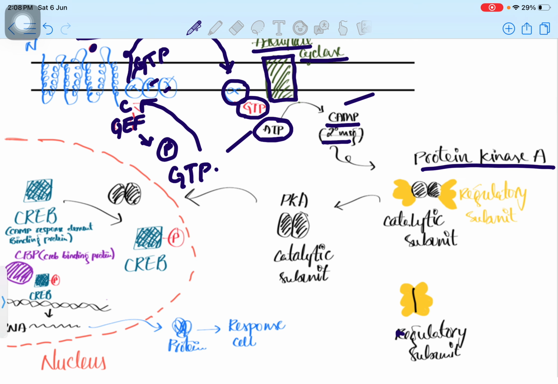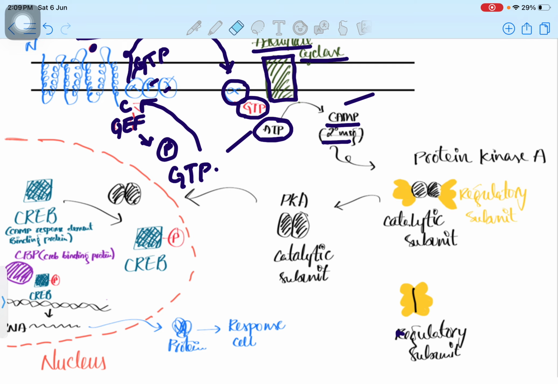So cAMP will go towards protein kinase A. When we try to understand protein kinase A, this whole structure is called protein kinase A. Here you can see there are two subunits present. One is the catalytic subunit, which is present in the center, and another is the regulatory subunit, which is present in the yellowish color.